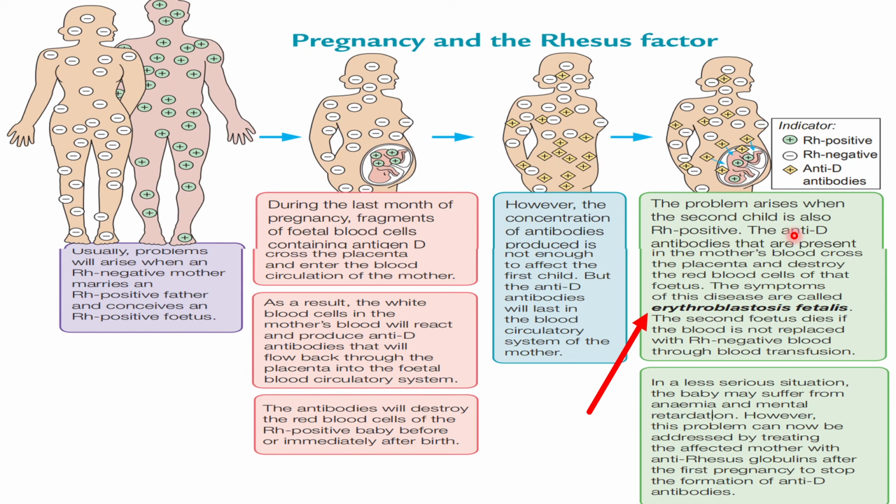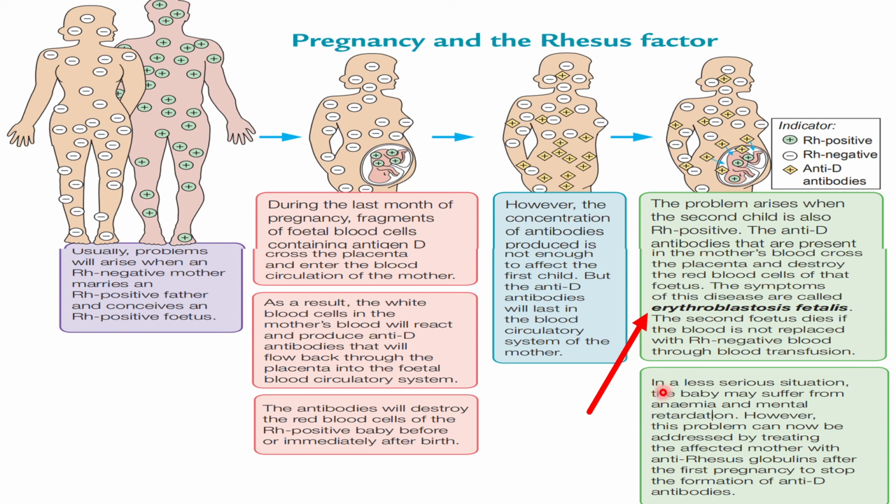The anti-D antibodies already in the blood of the mother will cross the placenta and destroy the red blood cells in the fetus, and the symptoms of the disease are called erythroblastosis fetalis. It can cause the second fetus to die if the blood is not replaced with Rh negative blood through blood transfusion.